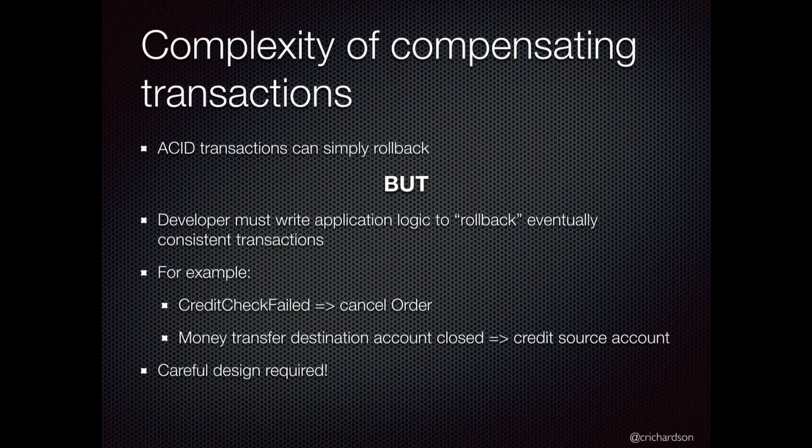And that's really simple. In a Saga model, you might have executed 10 steps, and each of those 10 steps has been a local transaction that has made changes to a database that have been committed, and then the 11th step fails for some reason. You then actually have to explicitly undo the first 10 steps.